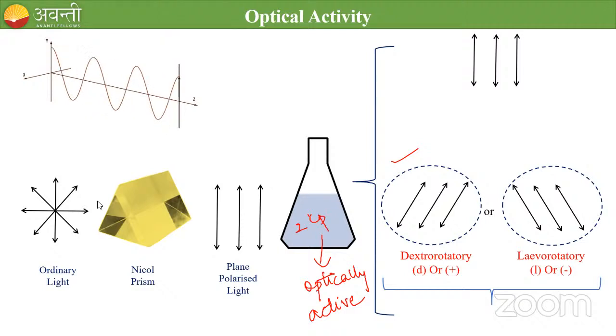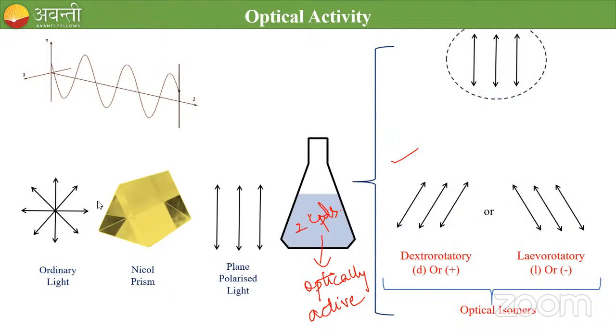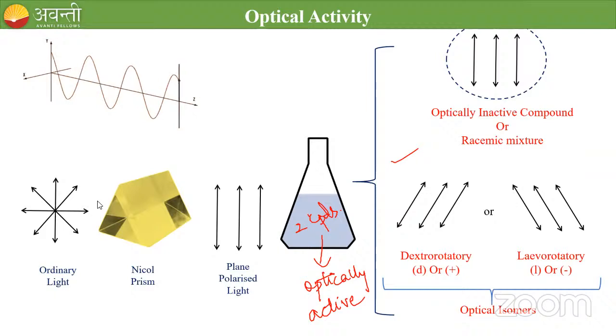If your compound is optically inactive, then you will observe the first case. An optically inactive compound, or a racemic mixture, will show the first case: there won't be any rotation. Optically inactive compounds show no rotation, and optically active compounds show two different types of rotation, one clockwise and another anti-clockwise.